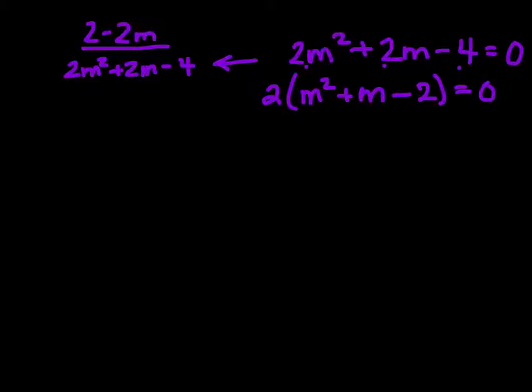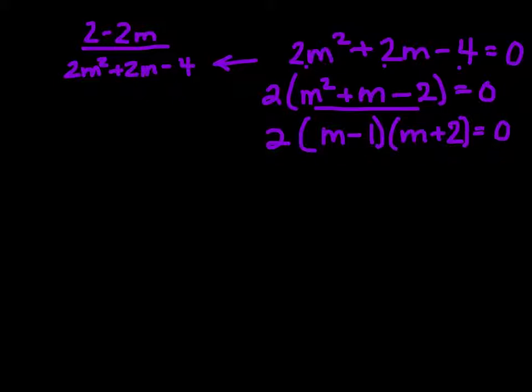After that, we need to continue to factor. So m minus 1 times m plus 2 are the numbers that we can factor this polynomial into. You could also do bottoms up and see if you can find it that way. What two numbers are factors of 2?